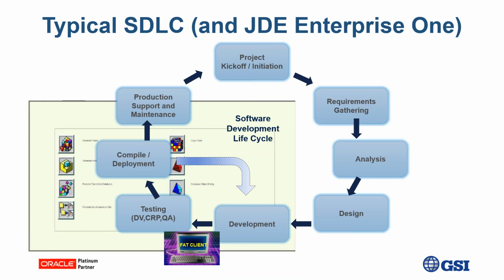We need OMW skills in order to do change control, to check out and to check in. I mean, Oracle and JD Edwards will not take this away, okay? It will still be a fat client.